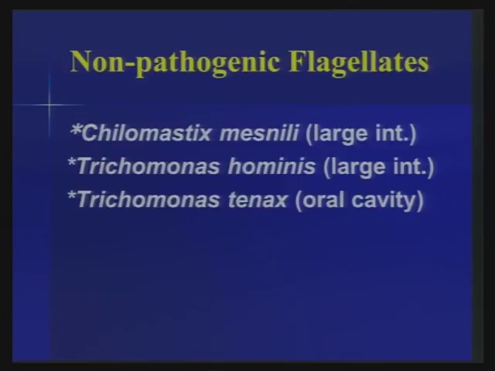The first one I mentioned a little bit earlier, Trichomonas vaginalis, is in the vagina. This one is in the large intestine, and this is hominis. So once you see something moving using flagella in a stool exam, this is the one. It's very simple because they live in the large intestine. And another one is Trichomonas tenax. It's in the oral cavity.